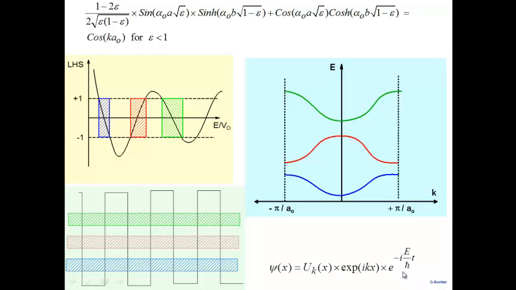So it's like a plane wave, but with some modulating function. The picture of an electron in a 1D lattice that we are getting is like a plane wave with a certain wave vector k and a certain energy E, except that my energies now exist in bands. I have bands of allowed energies, this band and this band and this band. That's what the Kronig-Penney model is telling us.